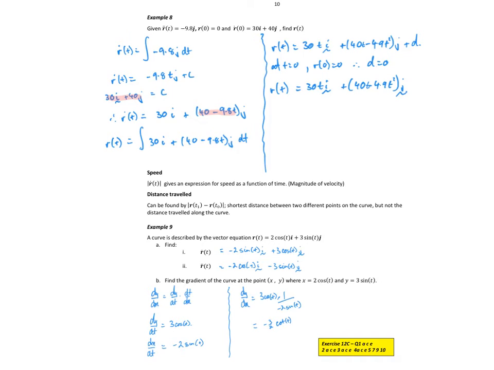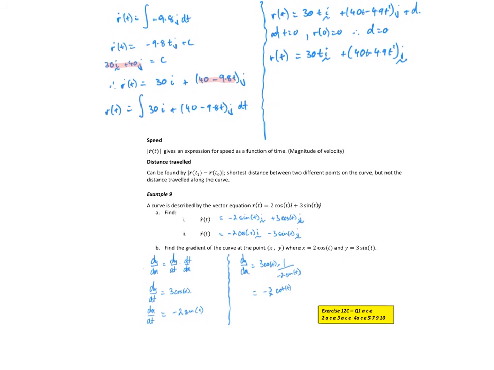We just get d equal to 0, because they're starting from the origin. And so we get our position. All right. Speed, don't forget, is the magnitude of your velocity. Distance traveled, where you start, where you finish, and the magnitude of that.